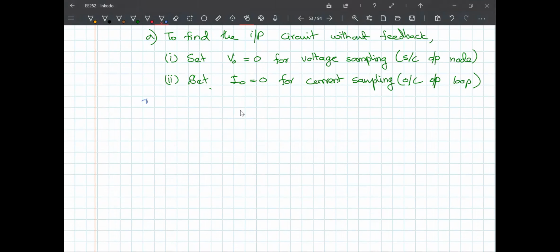So set V out equal to 0. The output only has RE in series with the supply voltage Vs, that's between base and emitter.